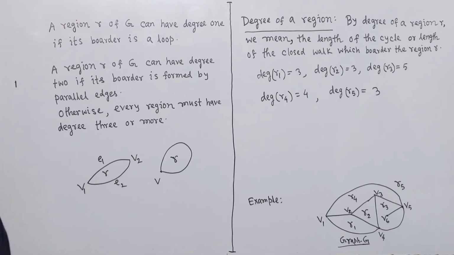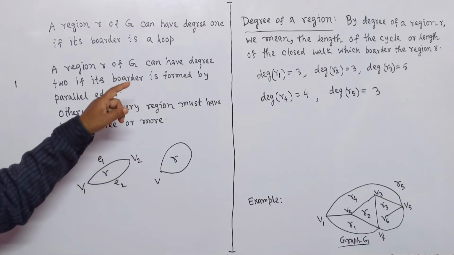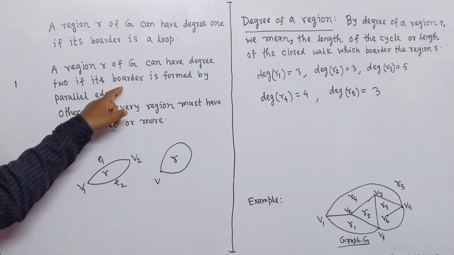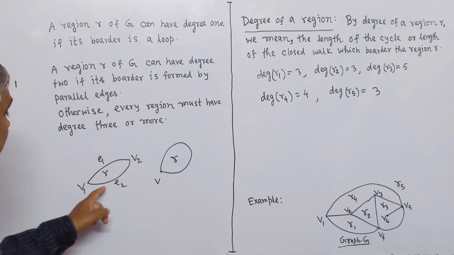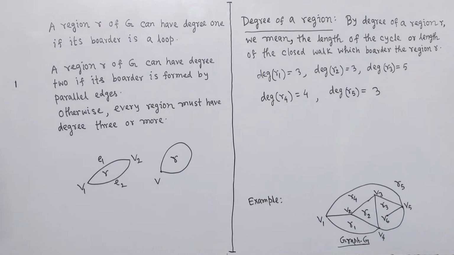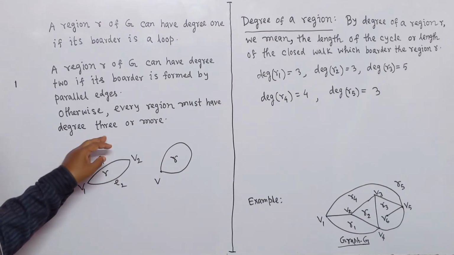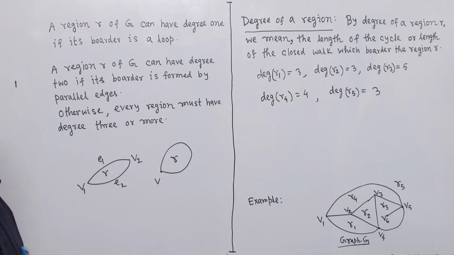So a region R of G can have degree 2 if its border is formed by parallel edges E1 and E2. Otherwise, every region must have degree 3 or more.